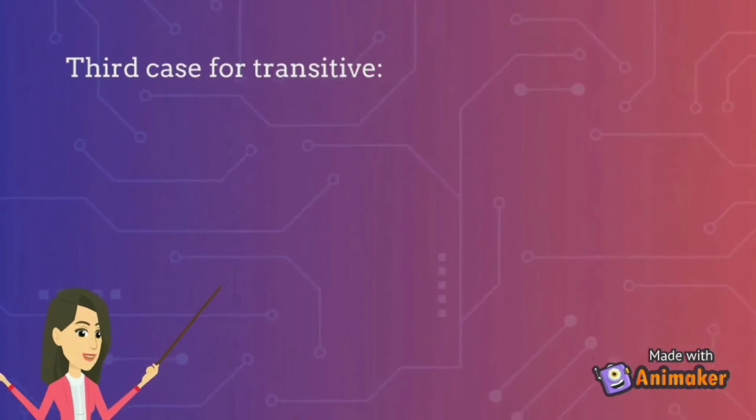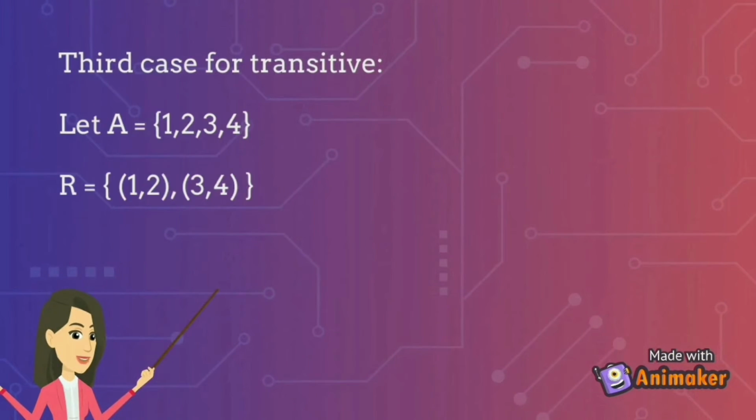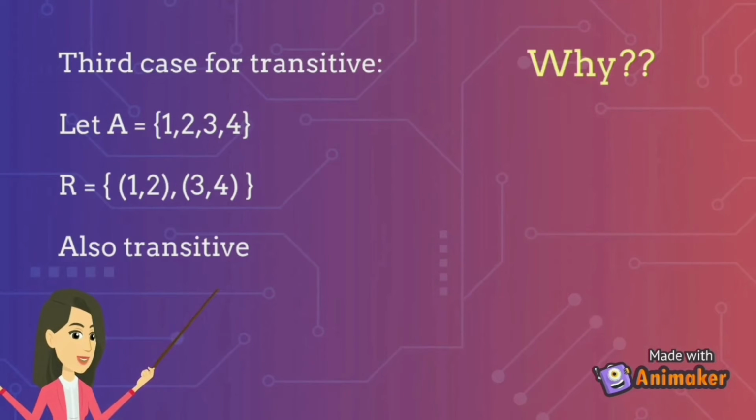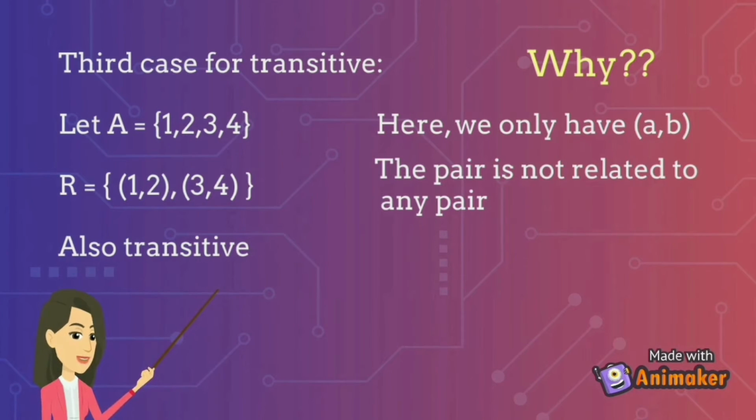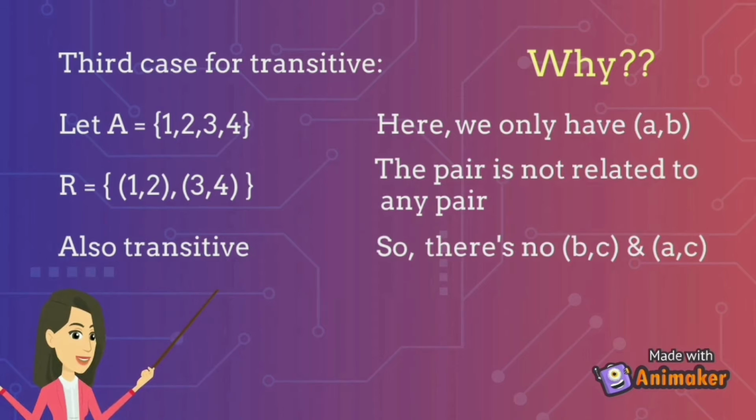For the third case of transitive, let's look at this example. This is a transitive relation. Why? Here we need to take the first pair, which is 1, 2, as our AB. Now we need to find our BC pair, but there is no pair related to this one. So we can say that there is no BC and also automatically no AC in this pair.